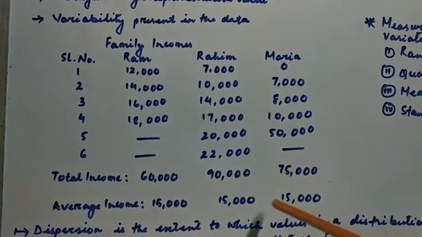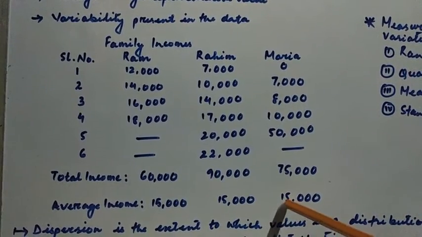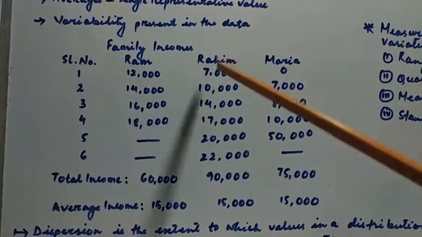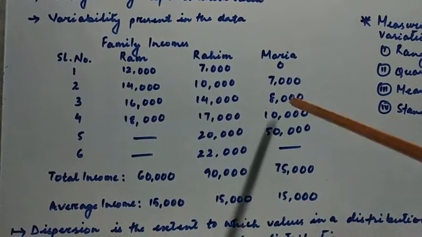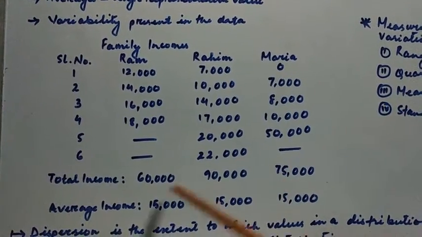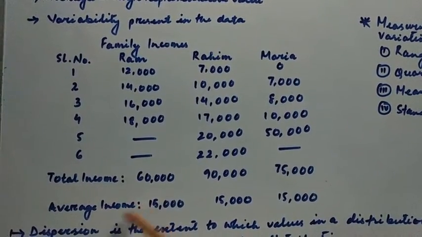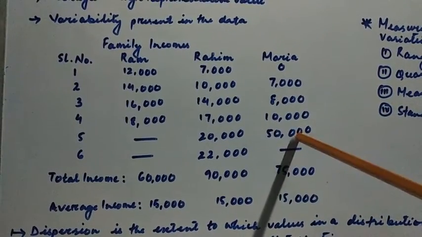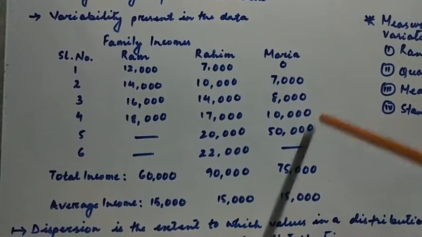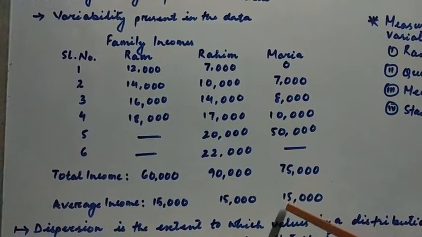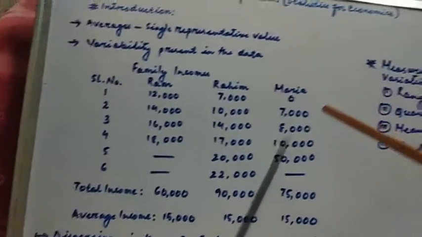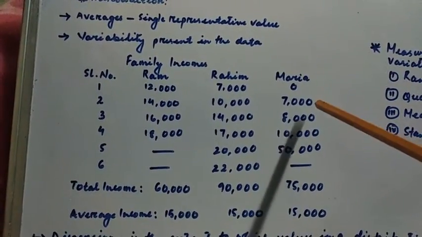But the average income is the same as the rest, Ram's family and Rahim's family, 15,000. So the variability is not presented in the average income here. Incomes from 0 to 50,000 are considered as 15,000, which is not very fair and may not be very accurate.